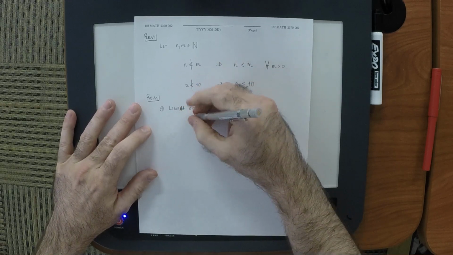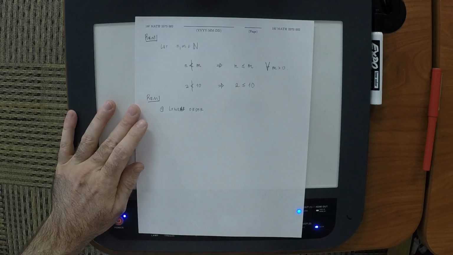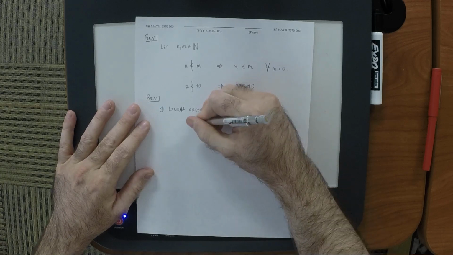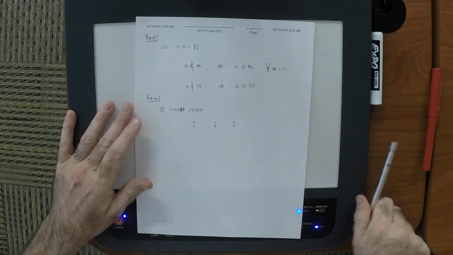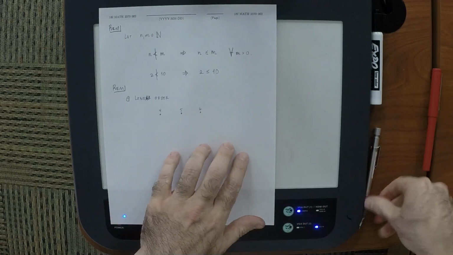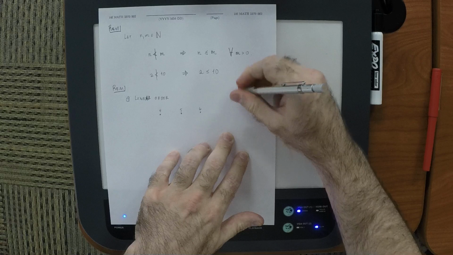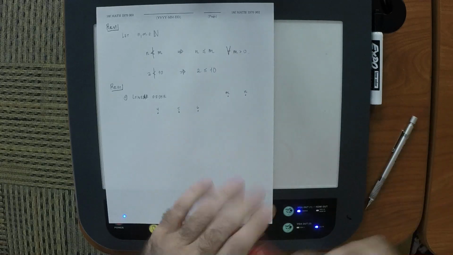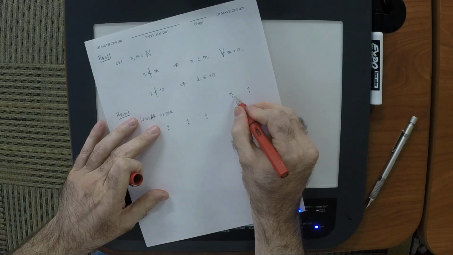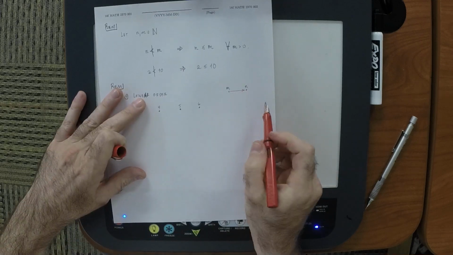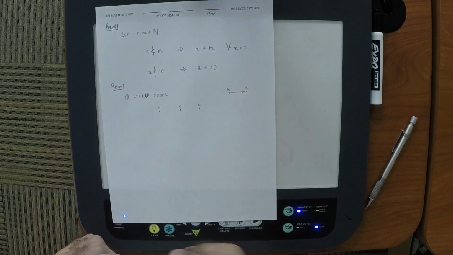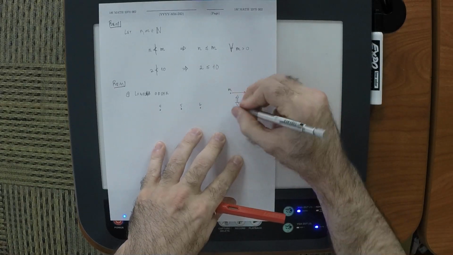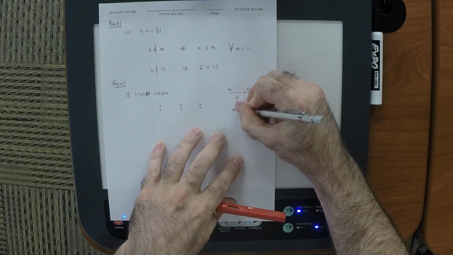So if I consider the set that just contains, say, 4, 5, 6, then what I'm going to do is I'm going to say that when I draw an arc, an arrow from m to n, like that, with tail at m and head at n, that is going to mean that m is less or equal to n.